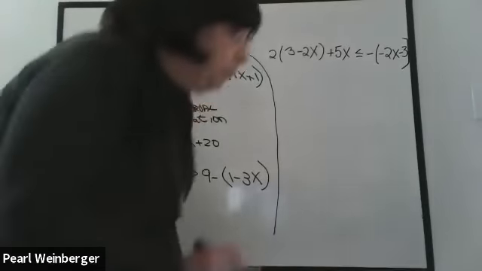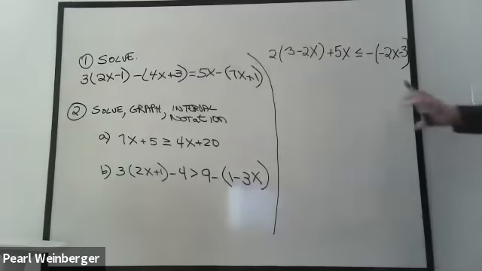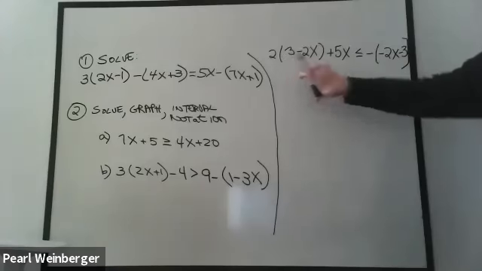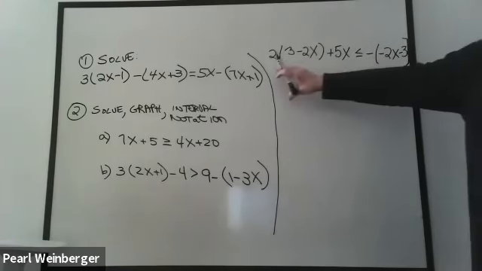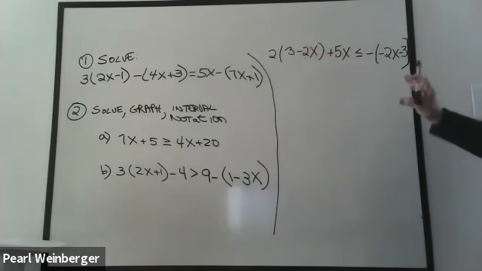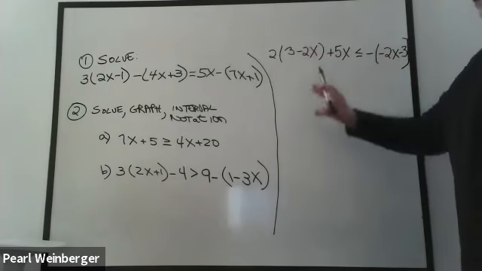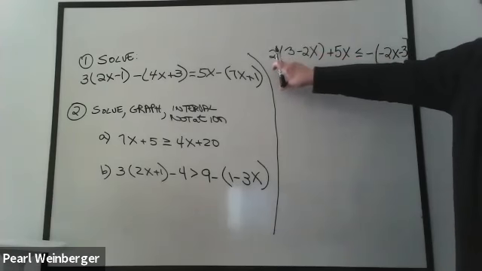Restarting the recording. And let's look at this problem. And let's pretend this is an equal sign for the beginning. Just like with an equal sign, the first thing we want to do is remove the parentheses. So in front of the first parentheses, I see the number 2.